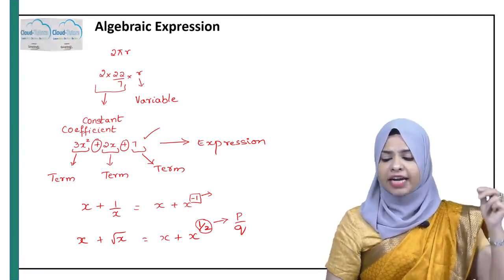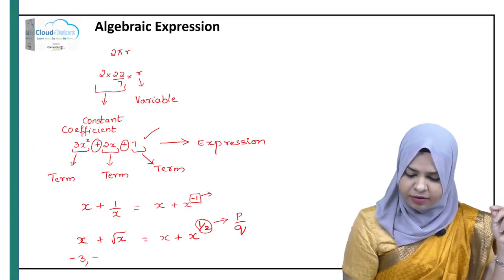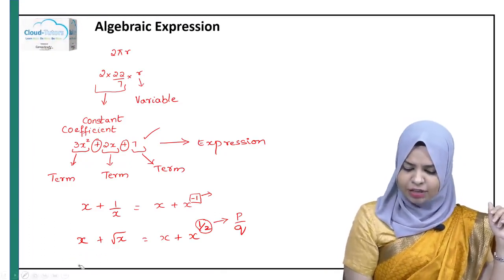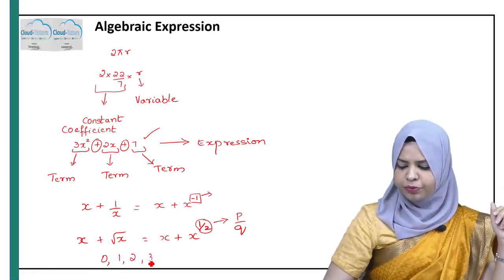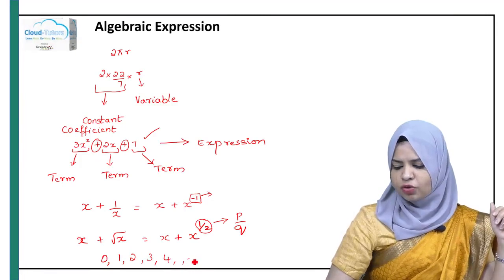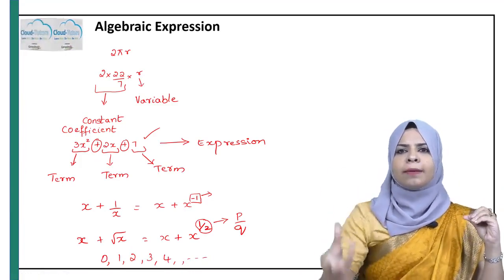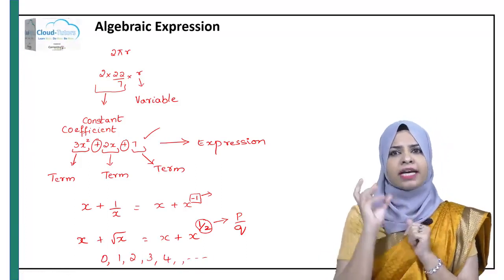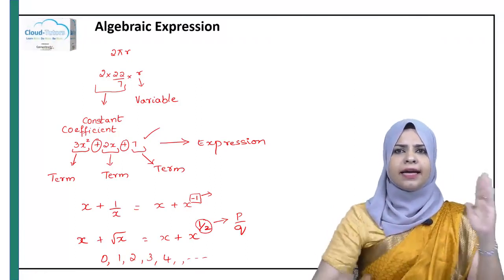So I cannot include negative numbers, right? It has to be something starting from 0, 1, 2, 3, 4 and so on. Basically I'm talking about whole numbers, non-negative integers. It is all right if we have the power as 0, no problem, but it just should not be less than 0.